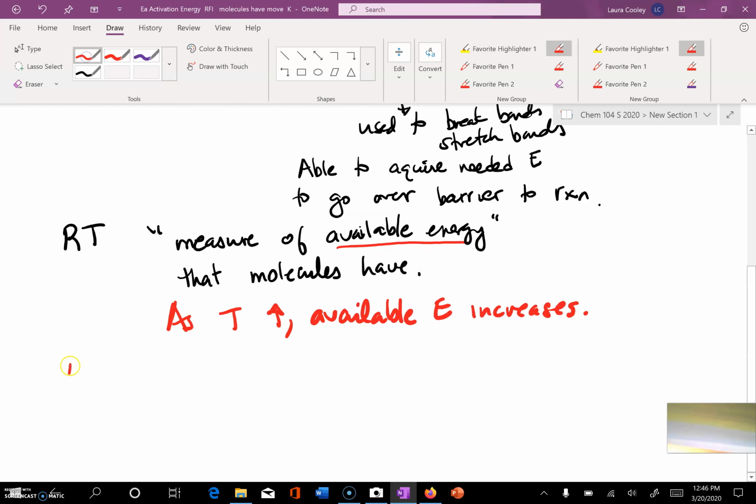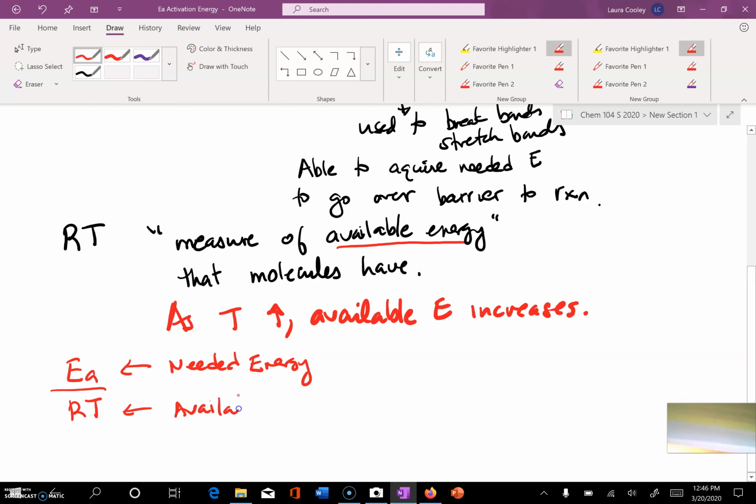So let's think about this ratio, EA over RT. This is the needed energy divided by the available energy.